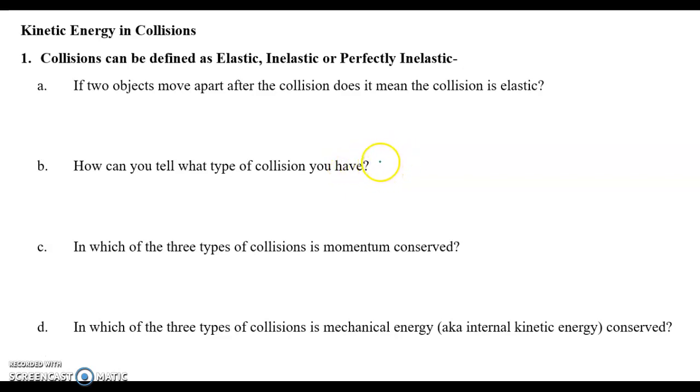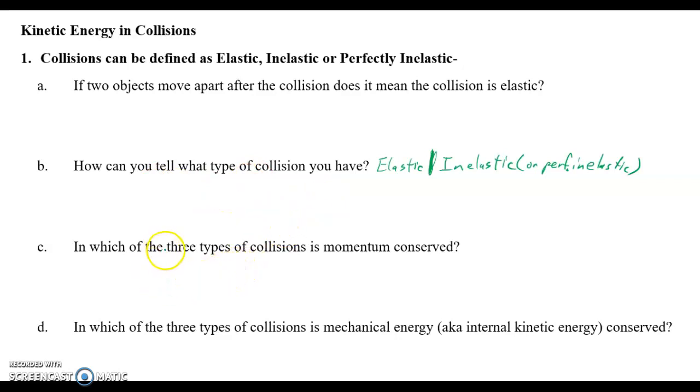The choices are elastic, inelastic, or perfectly inelastic. But really you're elastic or you're inelastic, and then if it is inelastic, it's good to know if it's perfectly inelastic. So how do you know? Write down what you think the answer is.